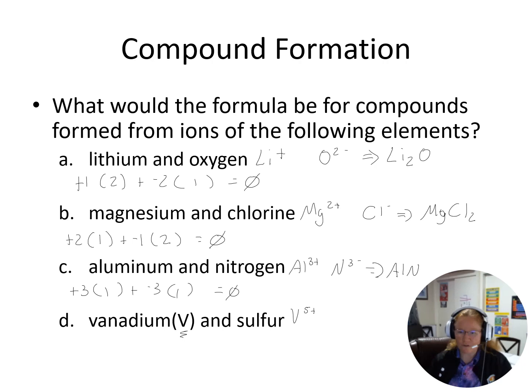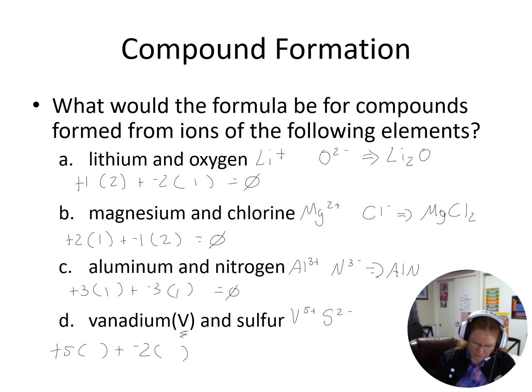Okay, sulfur, main group, predictable, it's in group 6A, so we need 2 more electrons, so it's going to make a -2. Okay, so we're going to get a +5 charge times some number plus a -2 charge times some number needs to give us our neutral species.